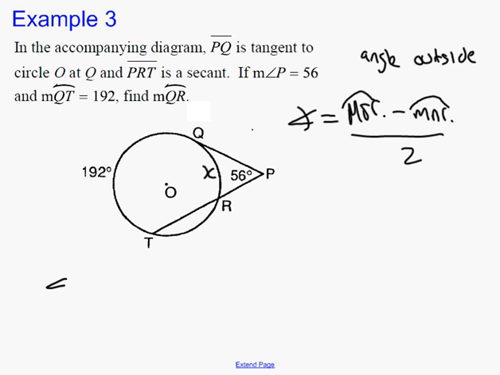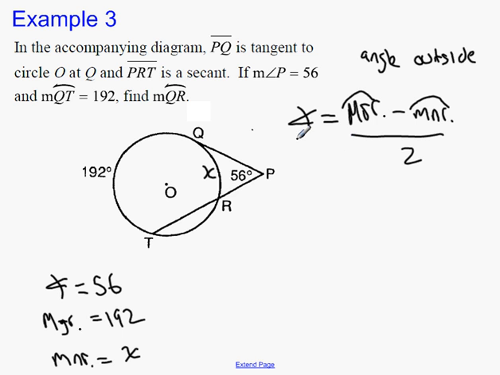We know that the angle is 56. We know that the major arc is 192. We don't know what the minor arc is.